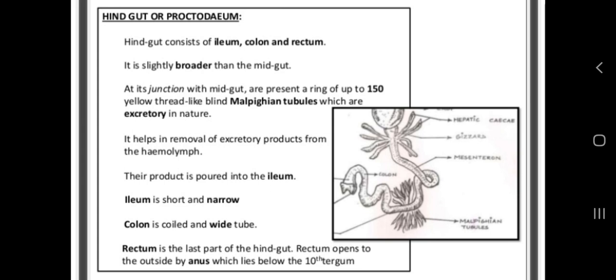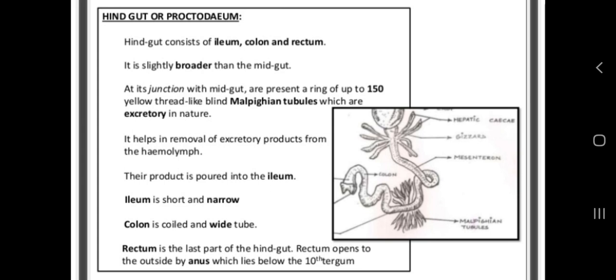This region is slightly broader than the midgut. At the junction of midgut and hindgut are present a ring of up to 150 or more yellow thread-like blind tubules or diverticula called the Malpighian tubules.